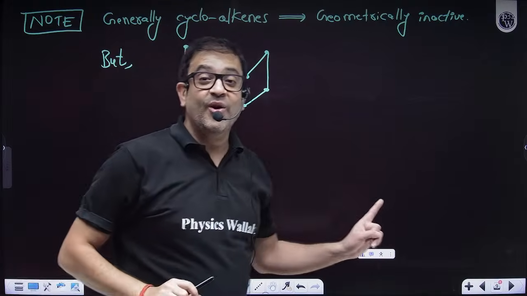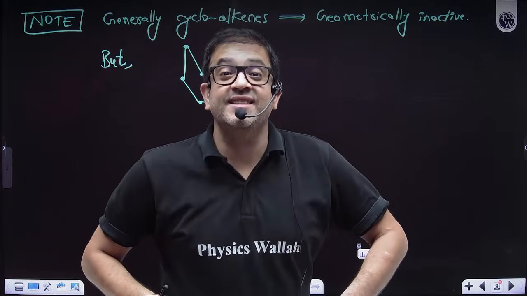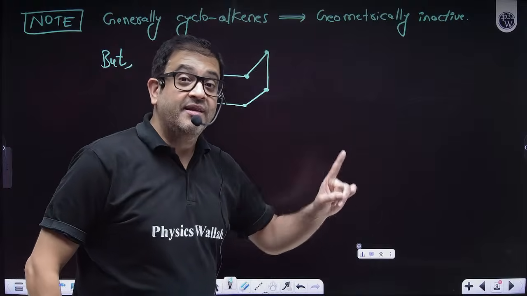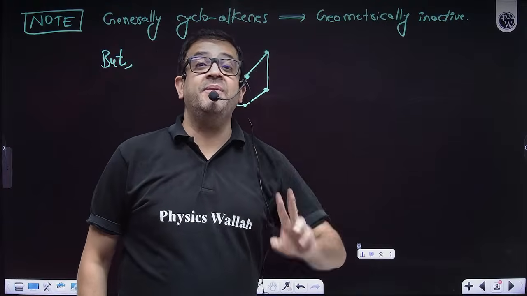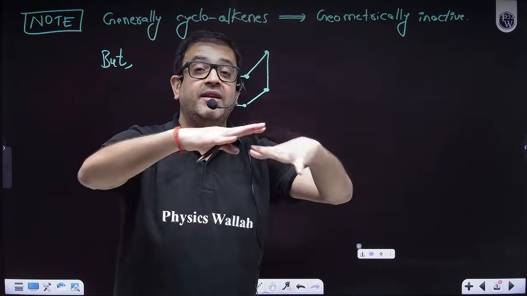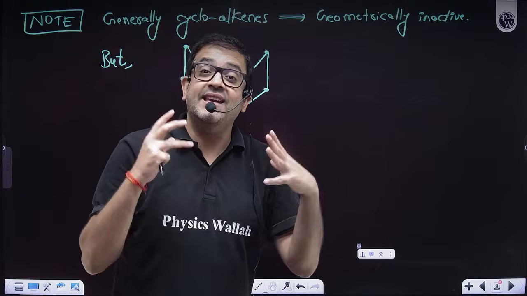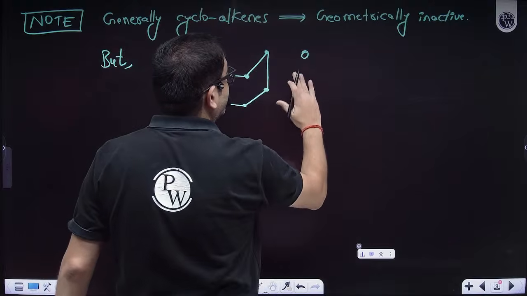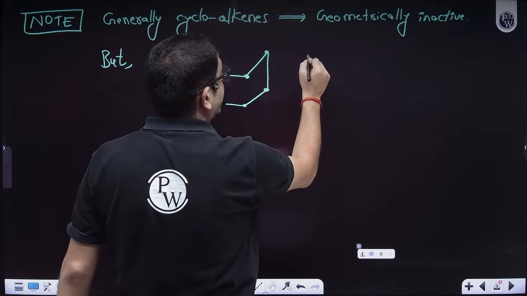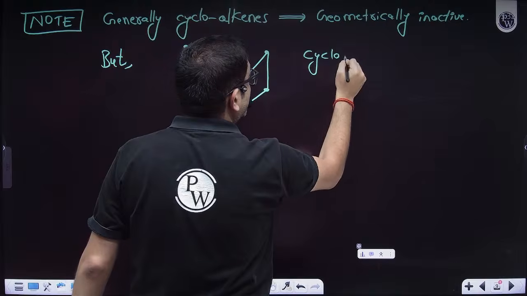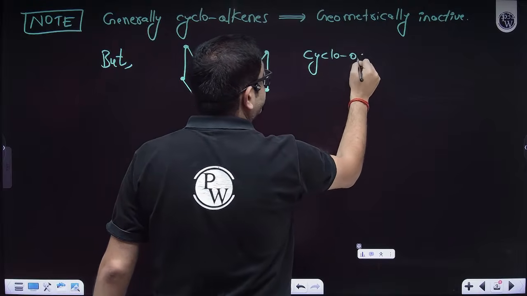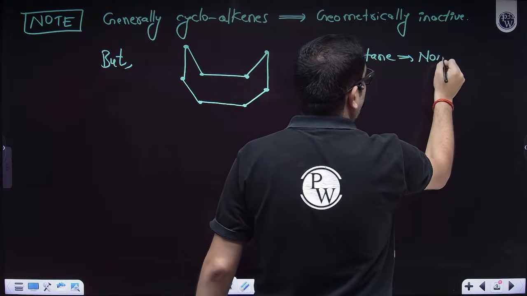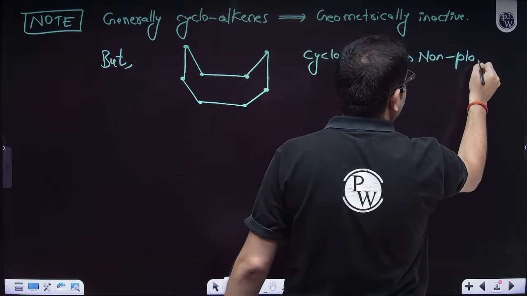Sir, you are drawing an 8-member cycloalkane, because a carbon ring having 7 members can come in a plane. But cyclooctane, the eight-membered carbon ring, is actually non-planar. It is always non-planar.